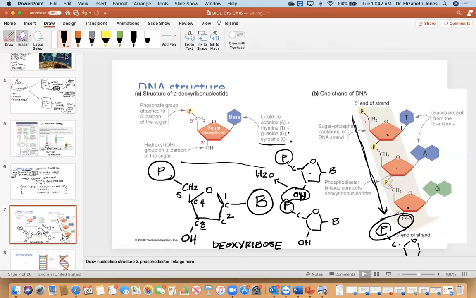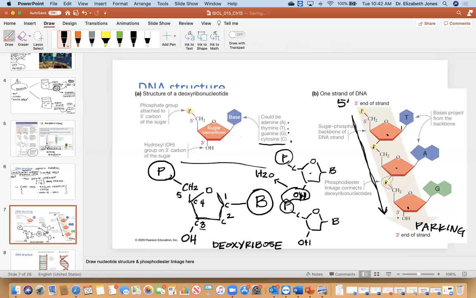I always tell students to think about this OH group as a parking spot. If you have an open OH group, what you have is a parking spot for the next nucleotide, okay? So we can grow in this direction. And if you think about this direction, you can name it by the carbons. So this end up here, where you have a phosphate group attached, is what we call the 5' end because it's closest to the 5' carbon on the sugar.